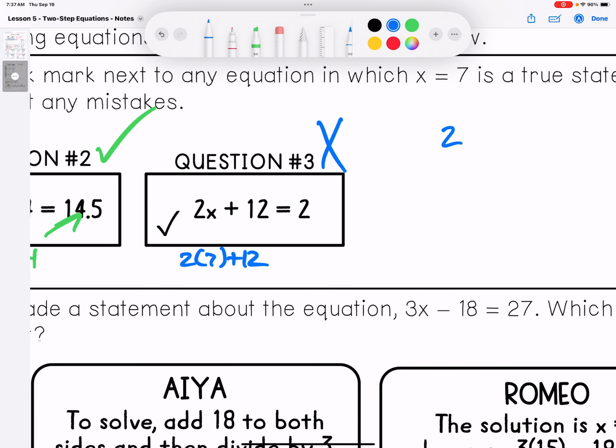So let's work it out mathematically. 14 plus 12, 2. So 26 does not equal 2. Look at that and tell me what you think he did wrong to think it was correct, because he thought it was correct. What do you think he did? Give you about 10 seconds.